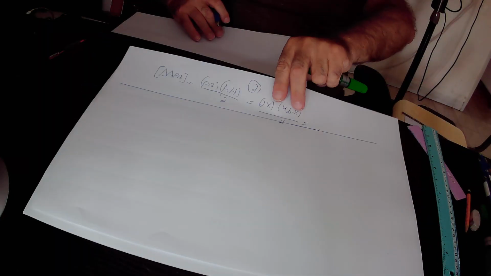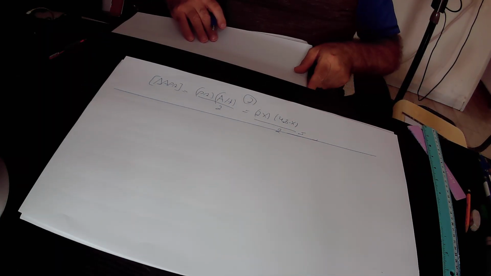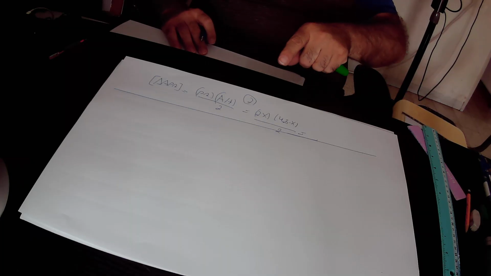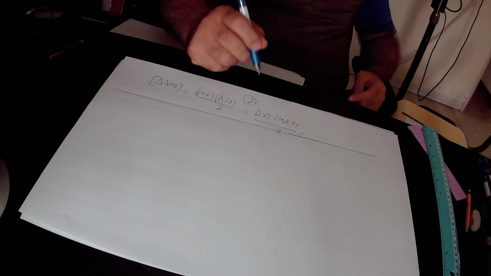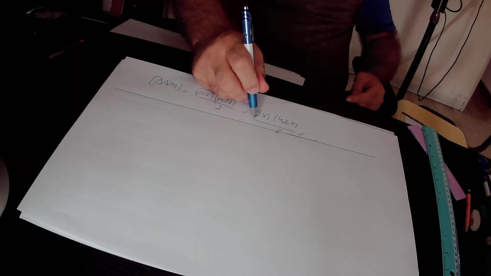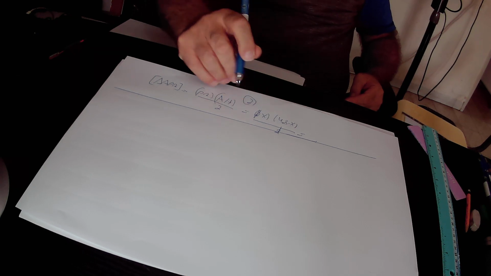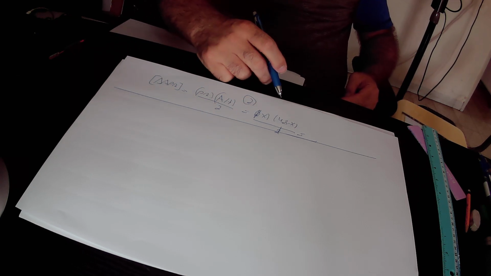In total, we have found out that the area of the small triangle APQ equals 2x times (4.8 minus x) over 2. We have 2 in the numerator and 2 in the denominator, so the 2 will get cancelled, and we are left only with x times (4.8 minus x).